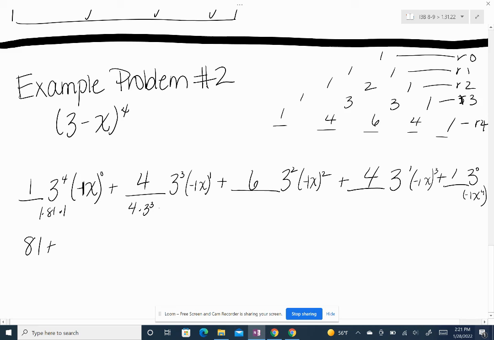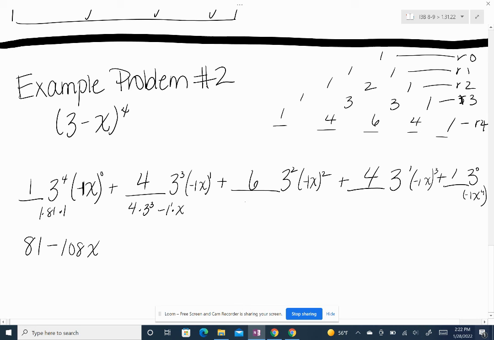Now this negative x is going to matter. So it's -1 to the power of 1, still the same value, x. So 3 to the power of 3 is 27, times 4 gives us 108. Now we're multiplying it by a -1, that gives us -108, and we're just left with an x.